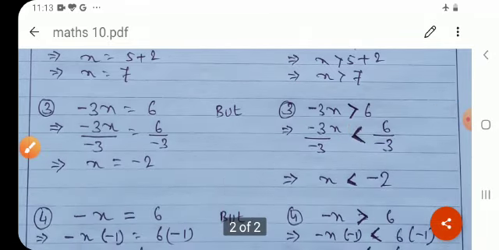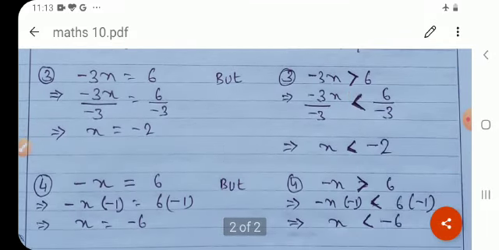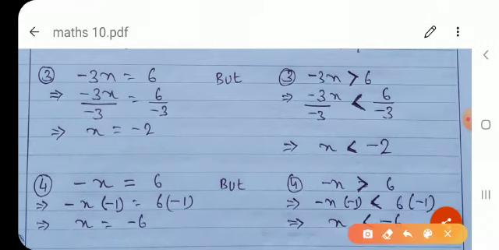Now, very important things we are going to discuss. In a linear equation, I gave a third example: minus 3x equals 6. So what can we do? Divide by minus 3 on both sides. We get x equals minus 2. Clear? But in a linear inequation, minus 3x greater than 6, both sides I am dividing by a negative number.